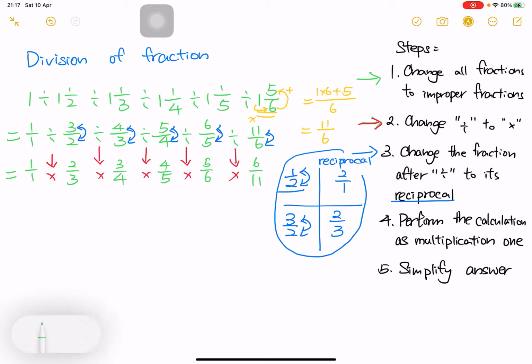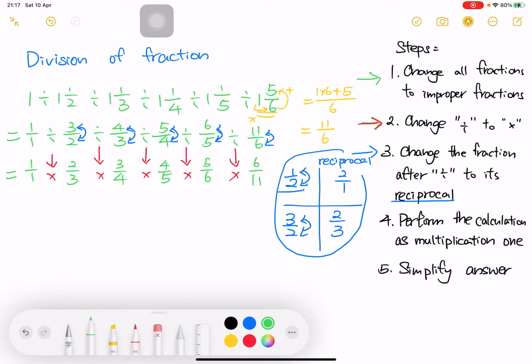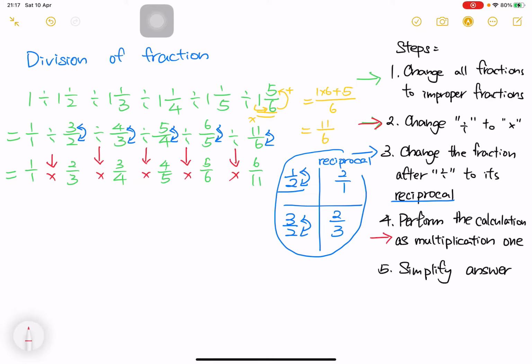And then the next step, we have to perform our calculation like the multiplication one, which means that we have to simplify the numbers before we multiply them together. So I can simplify 3 and 3, 4 and 4, 5 and 5, 6 and 6.